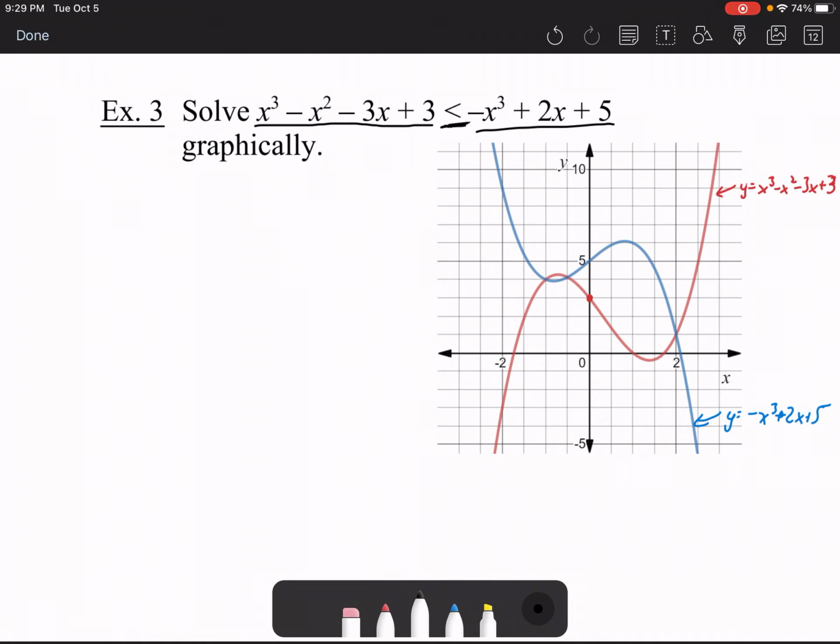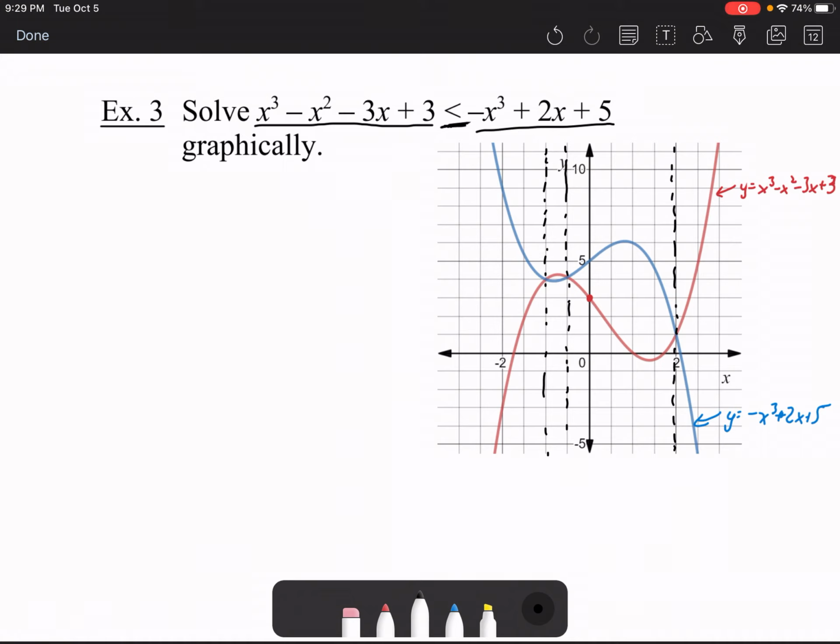First, find where they're intersecting. They intersect at x equal to -1, at x equal to -0.5, and also at x equals 2. These are the key locations that you're interested in.